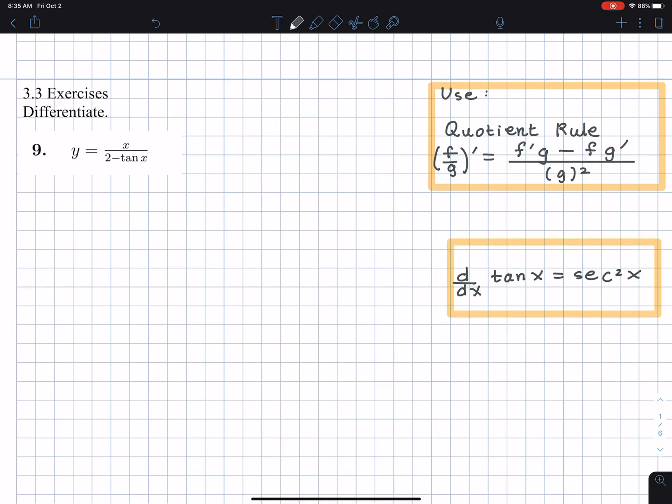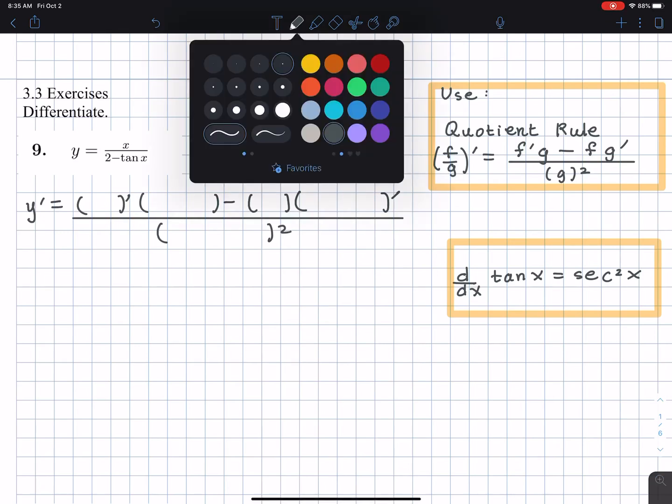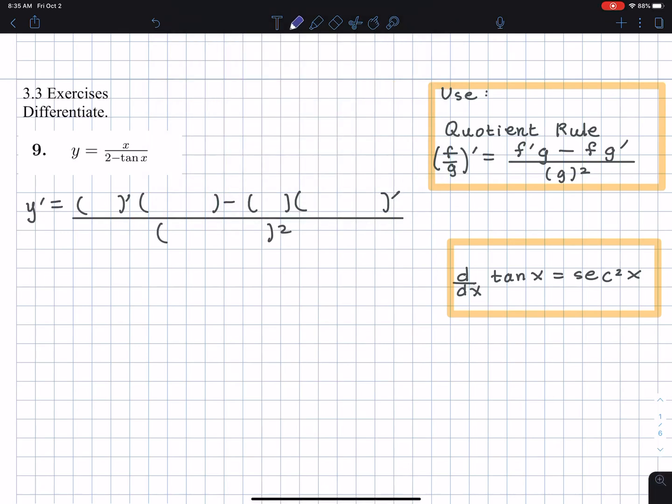Now, when I'm taking this derivative, I am going to first set up a form, so to speak, which I'm going to fill in later. And that form is the quotient rule. So I'm focusing my attention on what the quotient rule is.